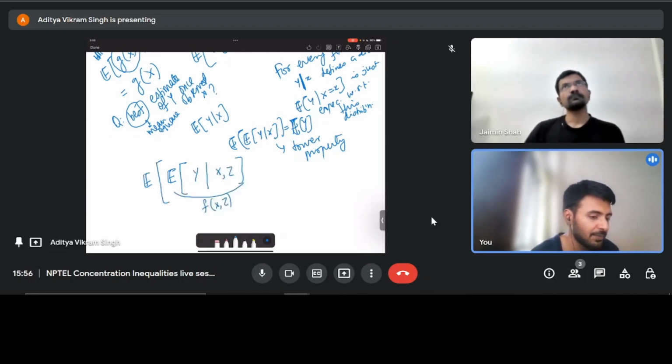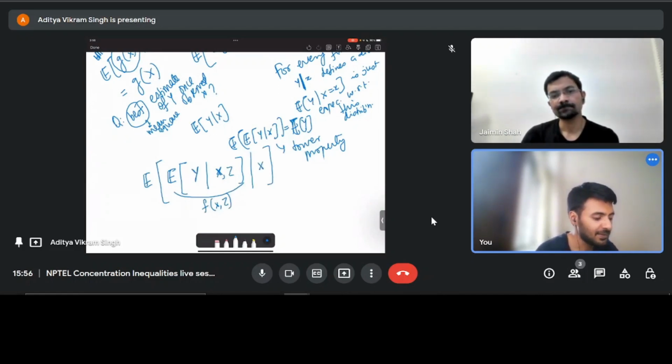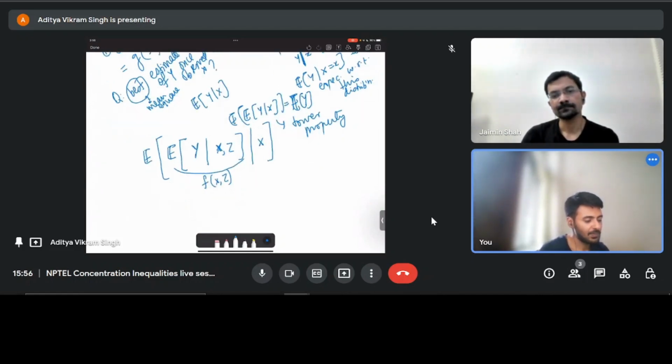This is saying what is your best estimate of y. And if you again take expectation of this given x, this would just be expected value of y given x.